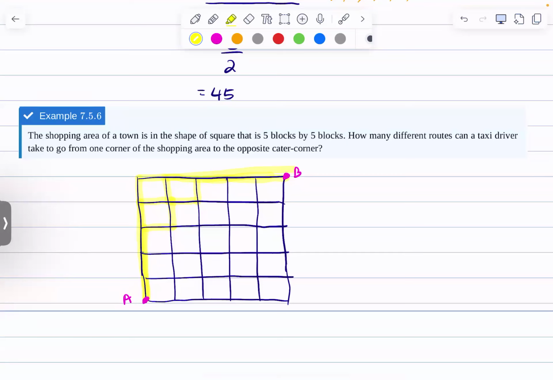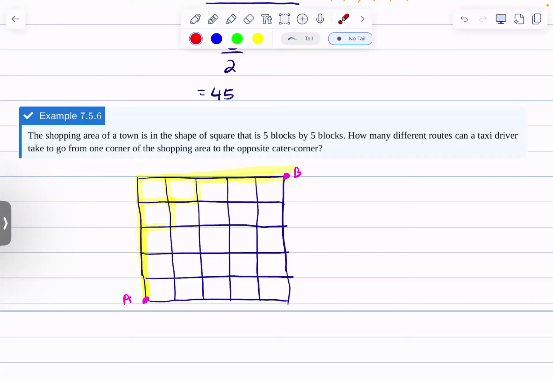Either way, how many blocks are you traveling? 10, right? Let's look at our simplest route: 1, 2, 3, 4, 5, and then I have to go over 5.